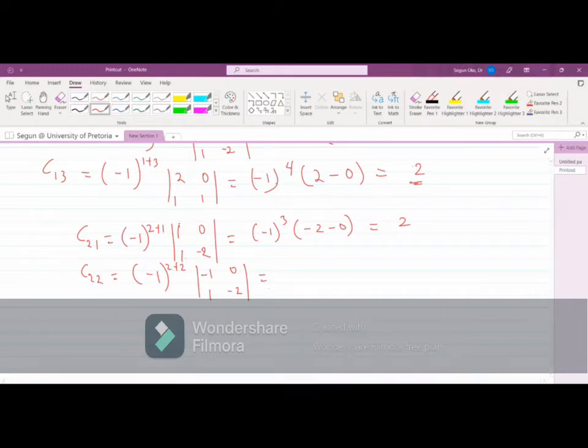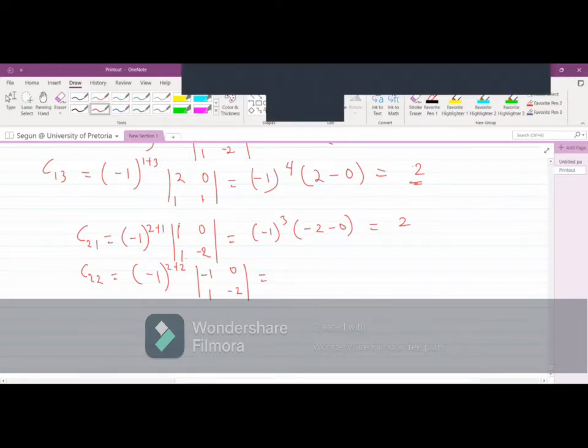You're welcome. So it's going to be minus 1 raised to power 4 in brackets 2 minus 0, which is the same thing as 2.